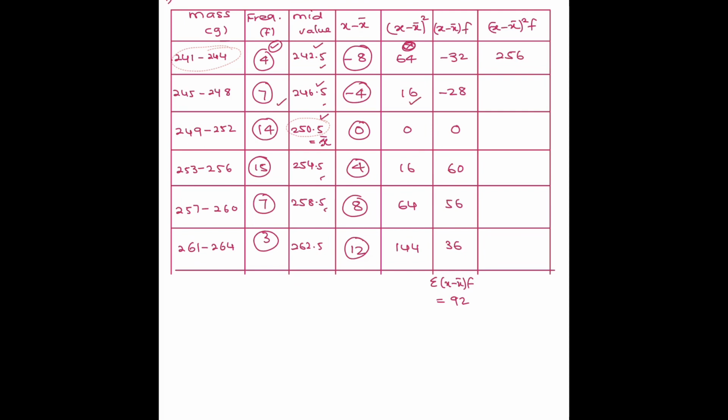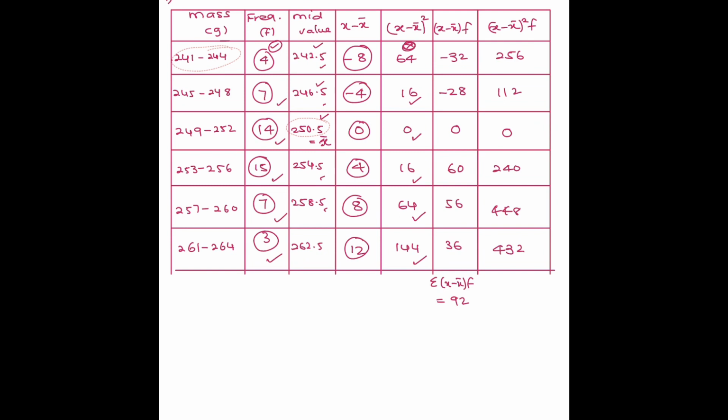Then 16 times 7, 112. 0 times 14, 0. 16 times 15, 240. 64 times 7, 448. Then 144 times 3 is 432.